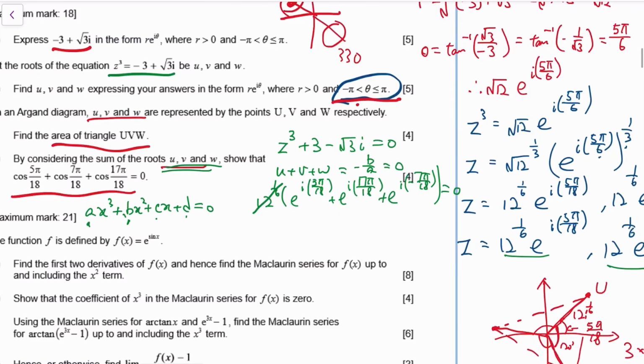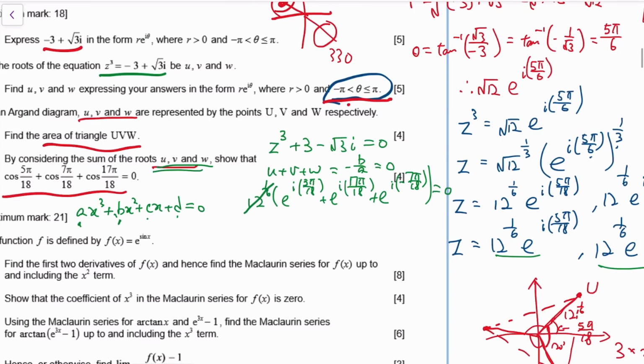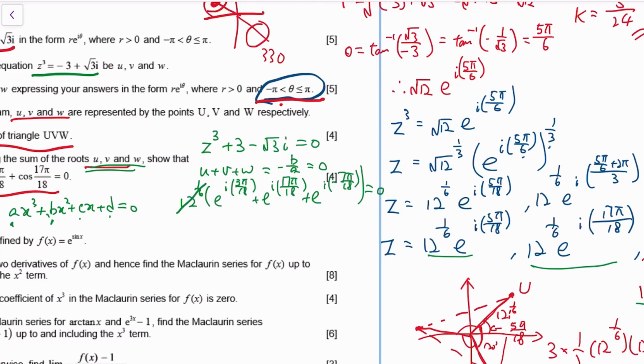Then we can change all of these into the corresponding polar form. Okay? So obviously e to the i theta is the same as cosine theta plus i sine theta. The sine, as you will see, doesn't do anything.